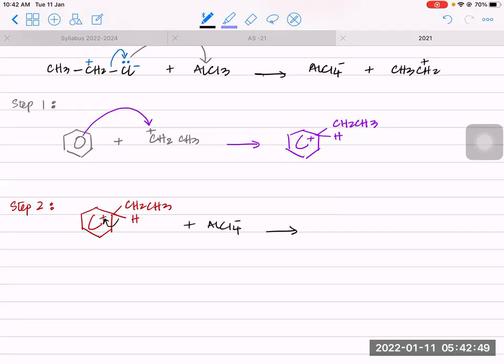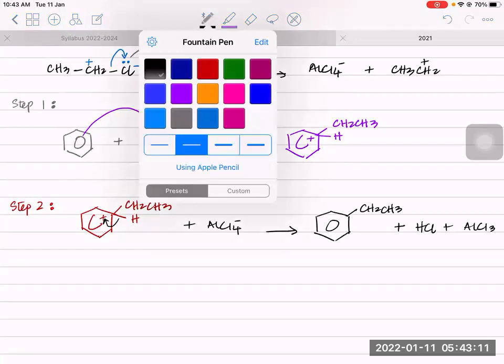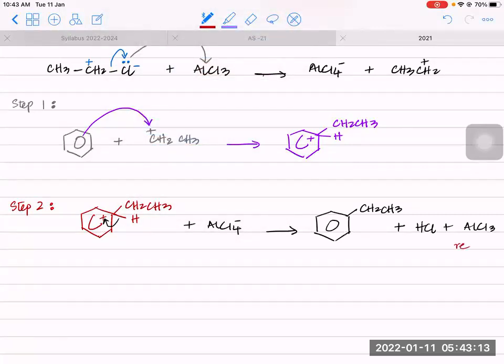That H plus with the Cl minus will regenerate AlCl3, making HCl. And what will be our product? Our product will be ethylbenzene. H plus Cl minus will give HCl, and this will give you AlCl3, which is regenerated.